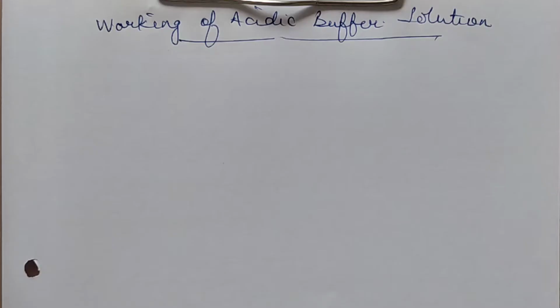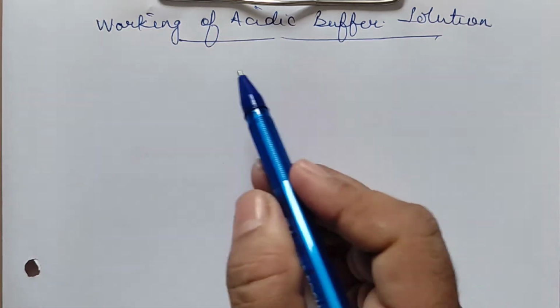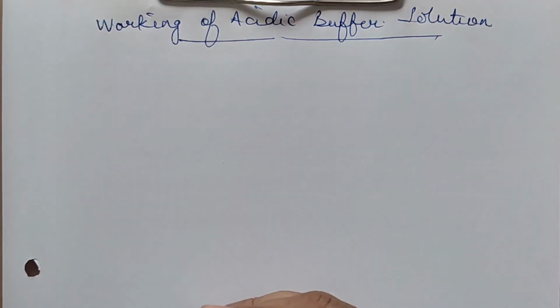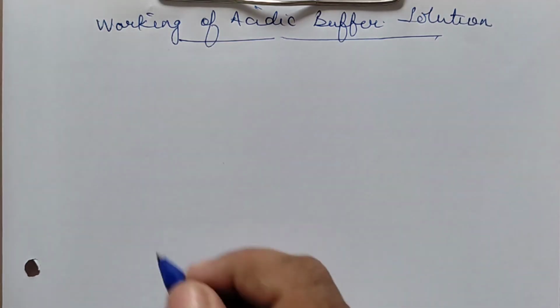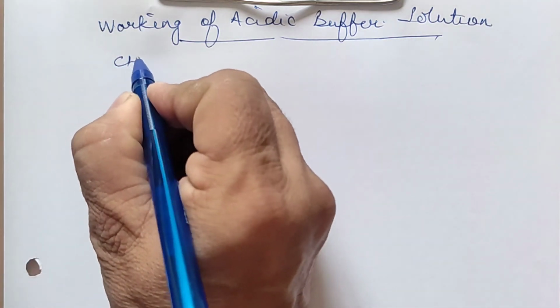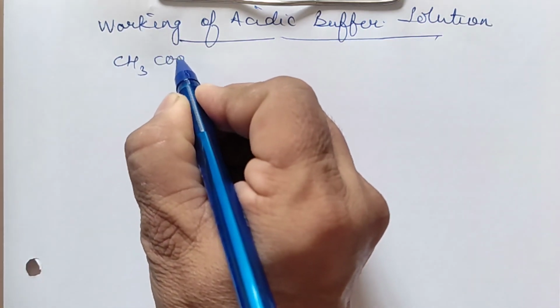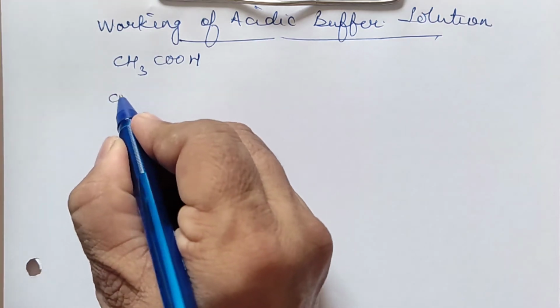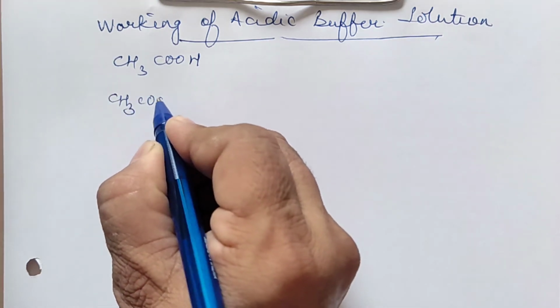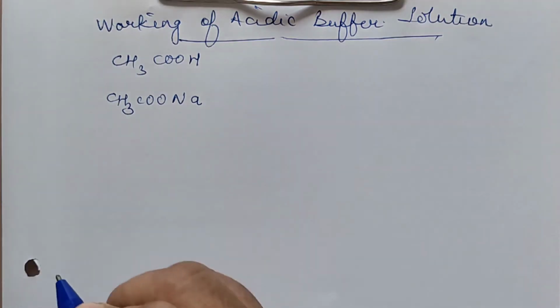Okay, moving on to the working of the acidic buffer solution. How the pH is not getting affected, that we will understand by taking a common example of a weak acid, that is acetic acid, and its salt with a strong base, that is sodium acetate.